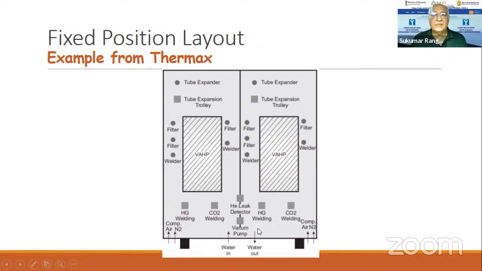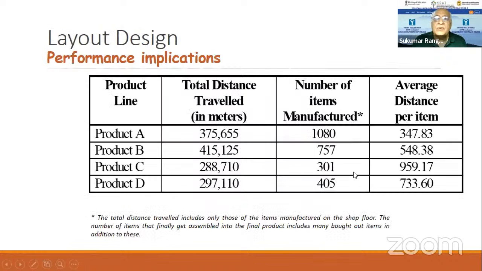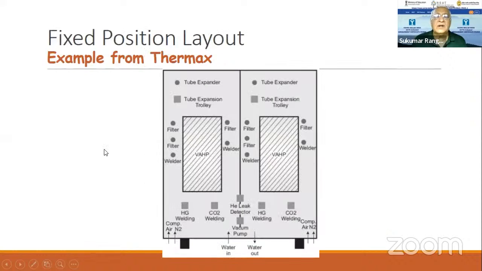This is an example, but the expansion of this example is not given. So a facility is fixed and then the product moves across to that facility.